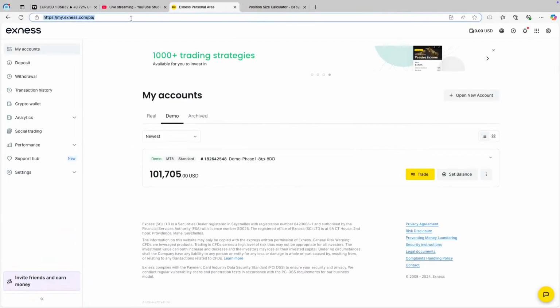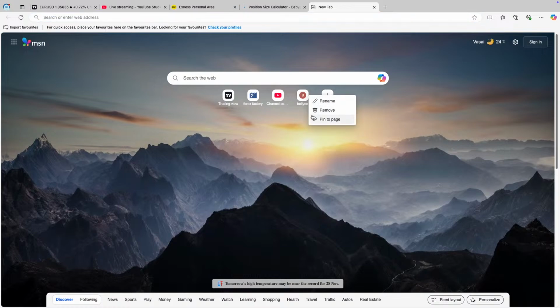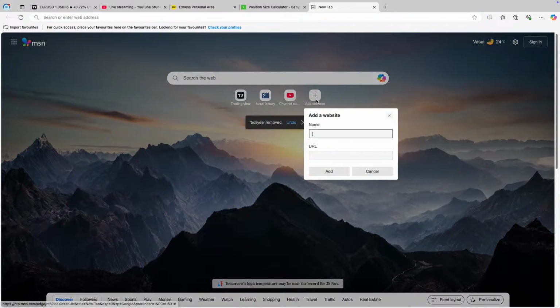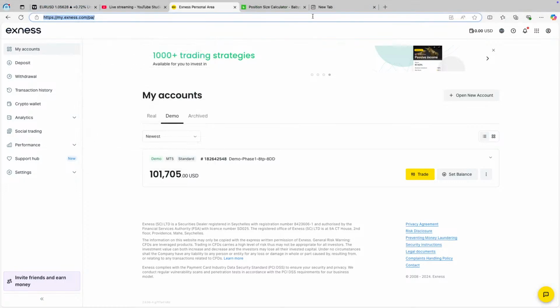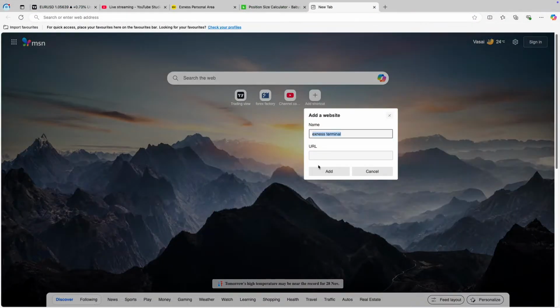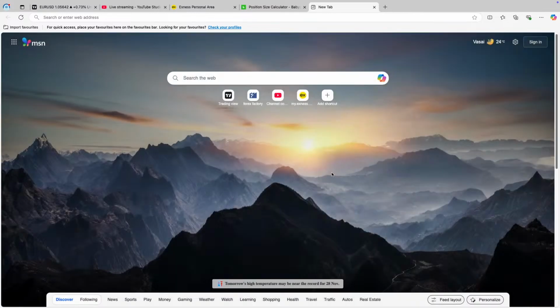For now, I'm going to add this on my home screen. This is basically the web terminal and the URL. This was not working, I need to have a look at that.